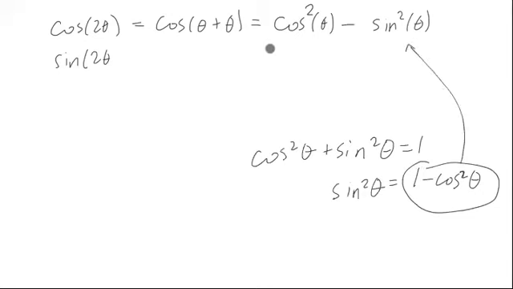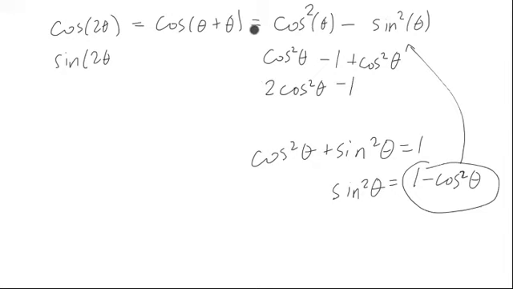And so we end up getting cosine squared theta, minus, and then we'll distribute the minus to the 1 and that. So minus 1, but then distributed to that negative becomes plus, so plus cosine squared theta. So we end up getting 2 cosine squared theta minus 1.